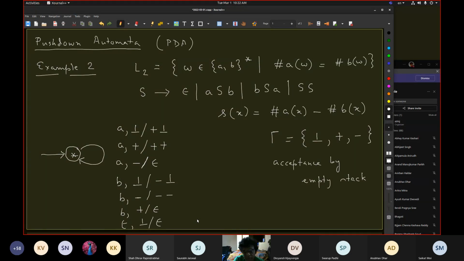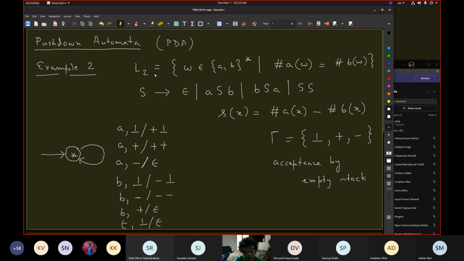But if W is in this language L2, there is a sequence of taking correct decisions such that the machine can meet the acceptance criterion.